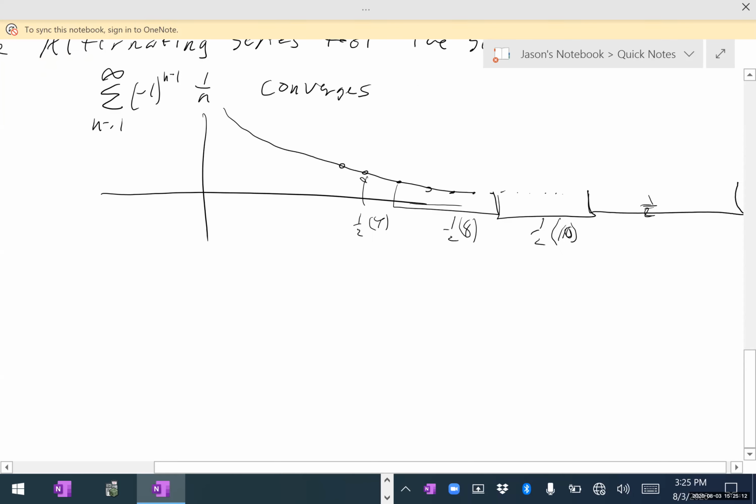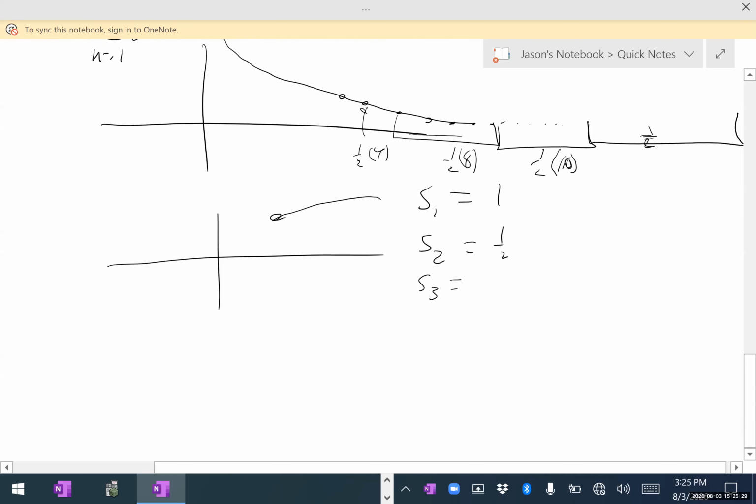Okay, so what happens now though is because we are adding and subtracting, if we look at our partial sums for our alternating series, S2, S3, right? At first we're at 1, and then we're down to 1/2. Let me explain why we're at 1/2.